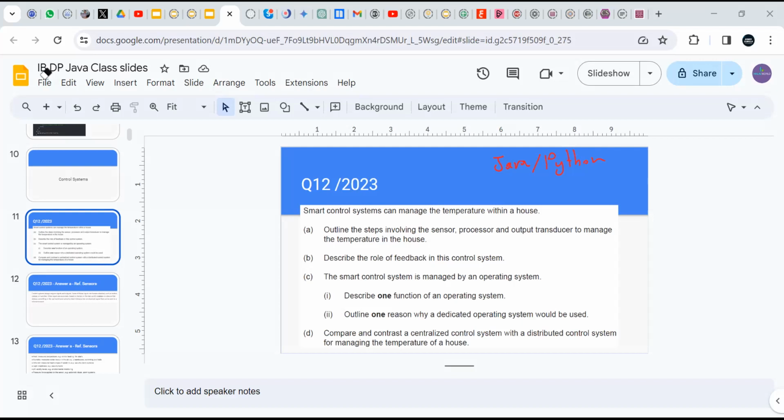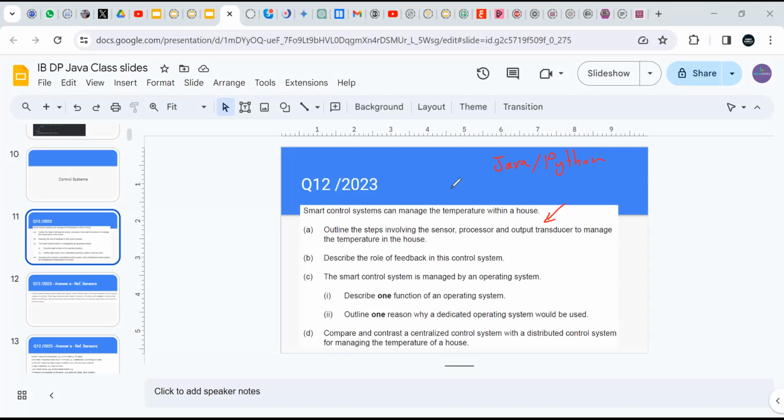Okay, and then what is the role of the output transducer? An output transducer would take electrical signals and convert them into another form. But this is an output transducer, not only a transducer, so what do you think it will take? Where is it located in the control system?